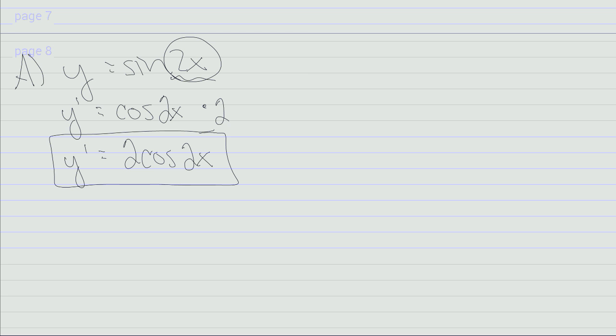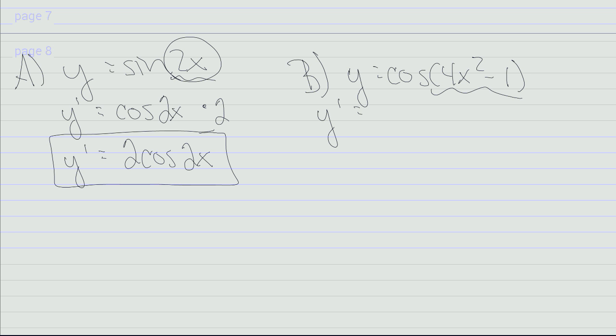Next, b. We have y is equal to cosine of 4x squared minus 1. It's not just cosine of x, it's cosine of stuff. So, to differentiate y prime, the derivative of cosine is negative sine.